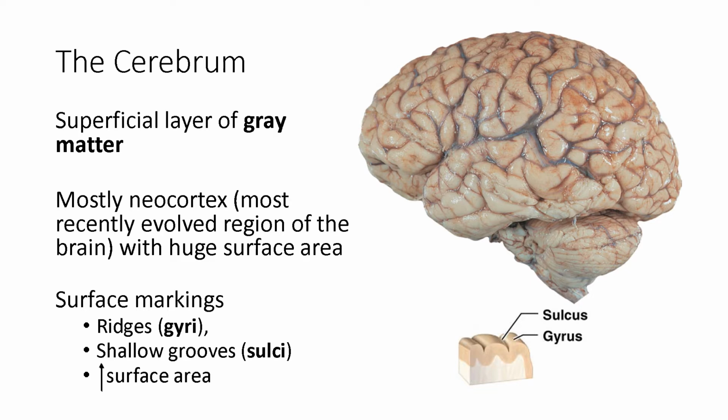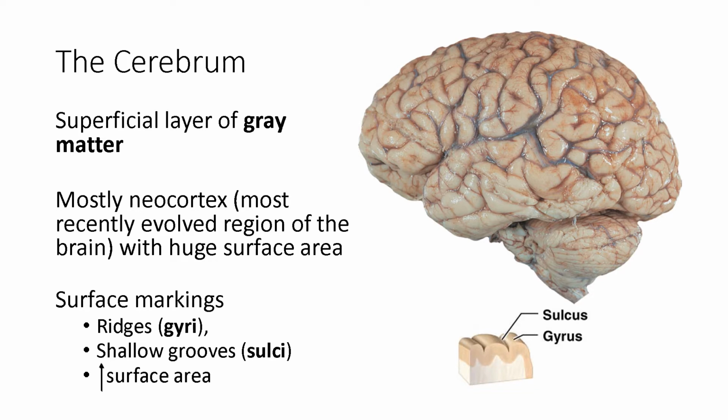The most superficial layer of the brain is composed of lots of cell bodies and unmyelinated neurons. Together, they make up gray matter. This superficial layer of the brain is kind of recently developed, and it's called the neocortex. It has a huge surface area, and there are lots of functions that have been assigned to it.